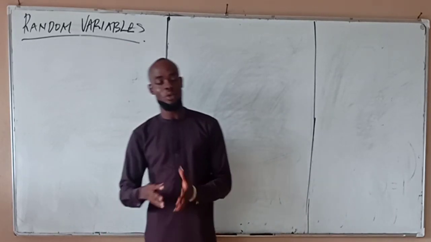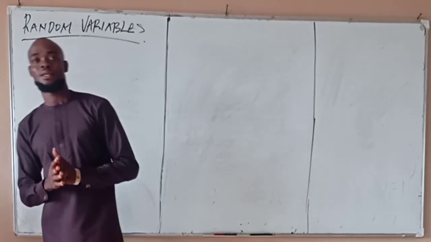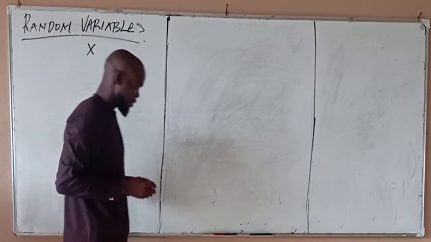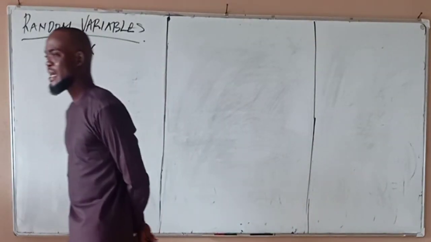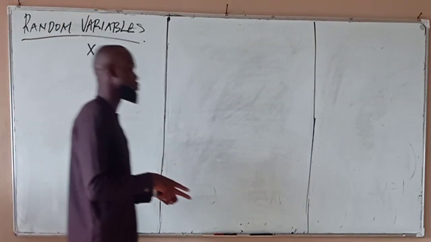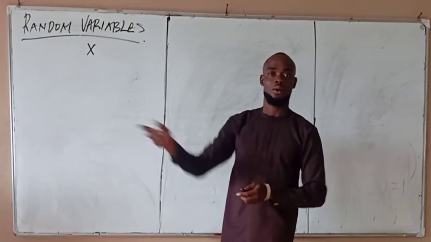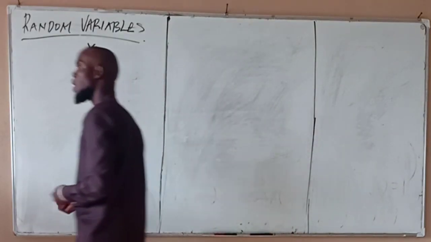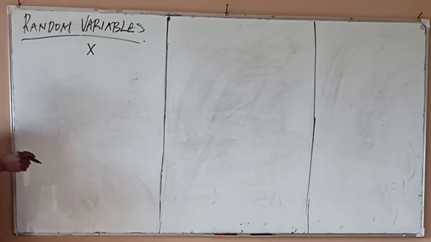Now, let x be a random variable which corresponds to the occurrence of the number of heads obtained when two coins are tossed once.